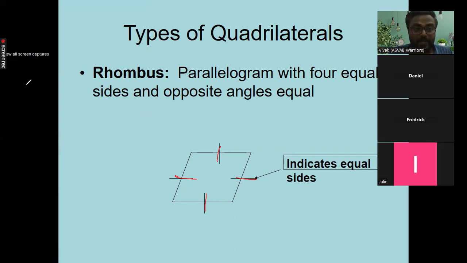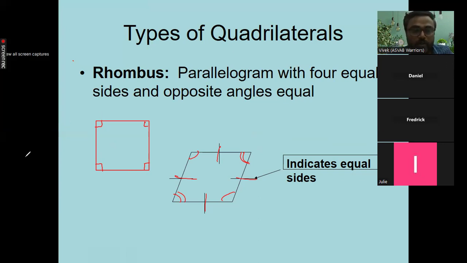But the main difference between the square and a rhombus is that a square has all angles equal to 90 degrees, whereas a rhombus does not have all angles equal to 90 degrees. Opposite angles are equal. A rhombus has opposite angles equal and all sides equal, whereas a square has all sides equal and all angles equal to 90 degrees.